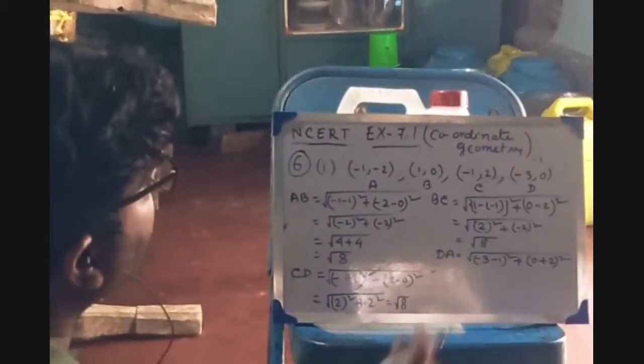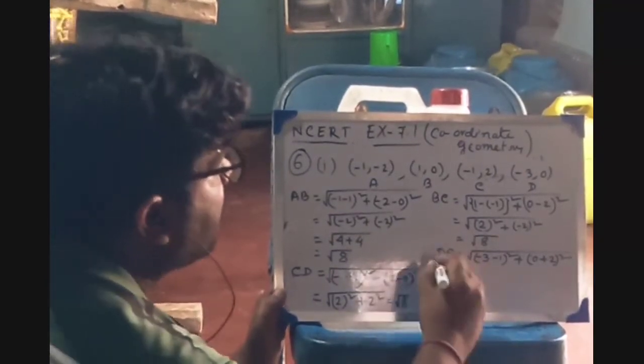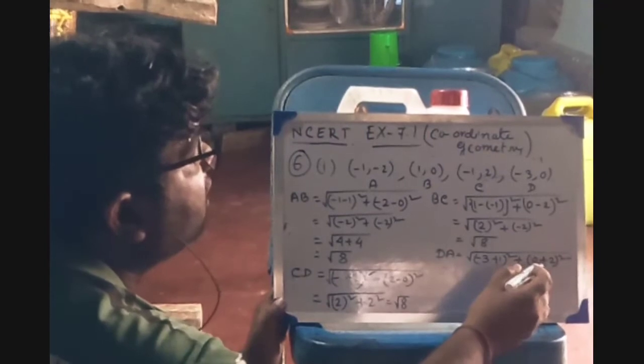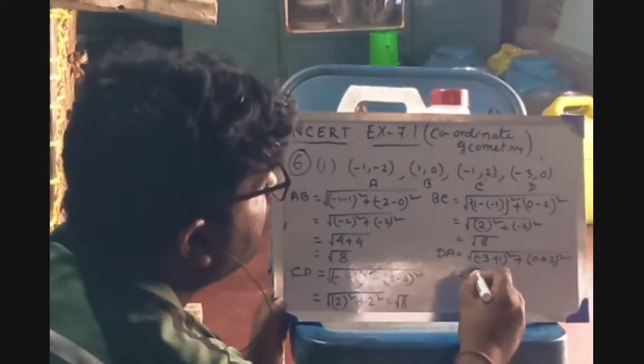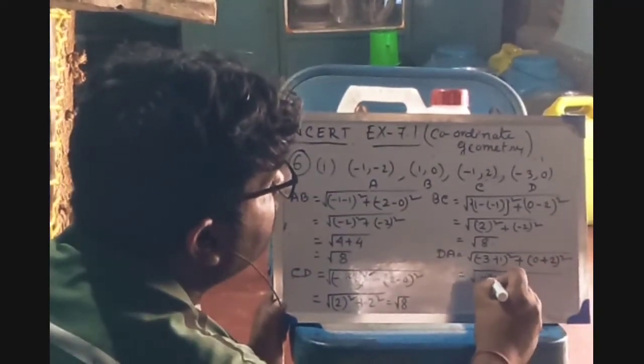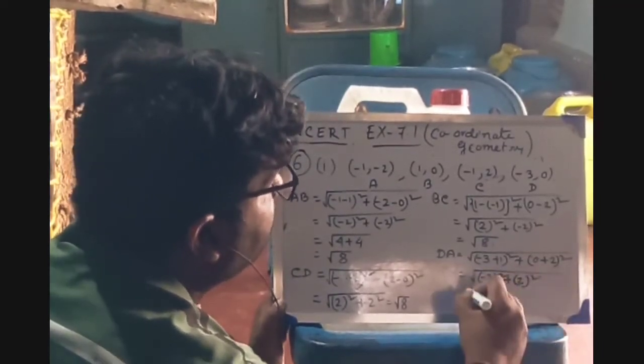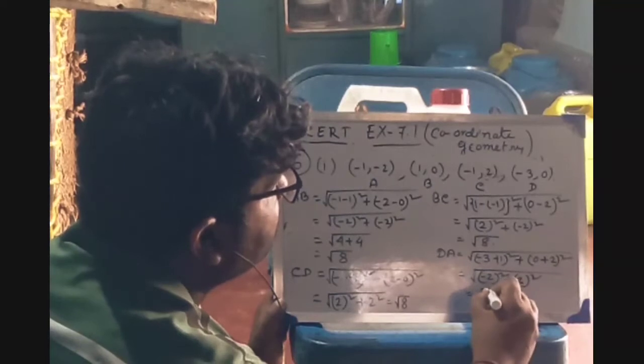Next DA equals (minus 3 plus 1) whole square, plus 2 whole square. So that equals root under of (minus 2) whole square plus 2 whole square, that equals root under of 8.